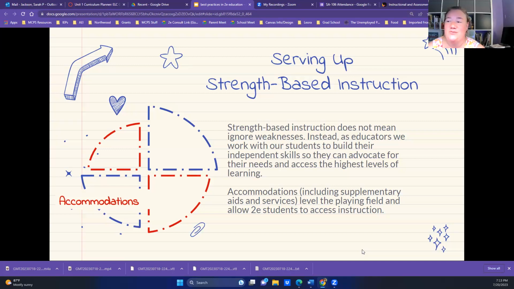It's teaching students what they can do as workarounds or as supports, and then also teaching them how to advocate for those independent skills. So I know another favorite example is, when some of us were growing up, we were always told, you're not going to have a calculator in your pocket all the time. And of course, now we have a calculator, a dictionary, maps.